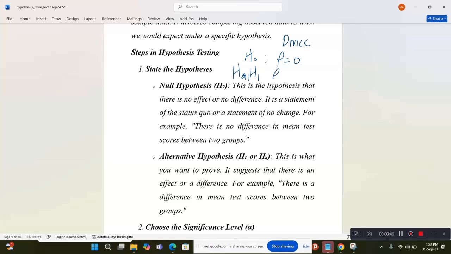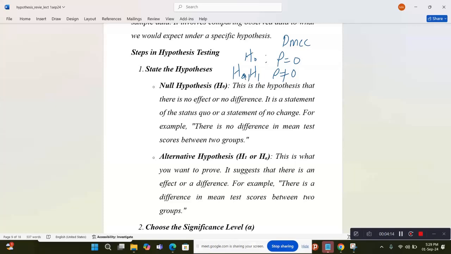Under the null hypothesis, rho equal to 0 means there is no correlation, or no relationship between the two. Under the alternative hypothesis, rho is not equal to 0, and therefore there is a relationship between the two.